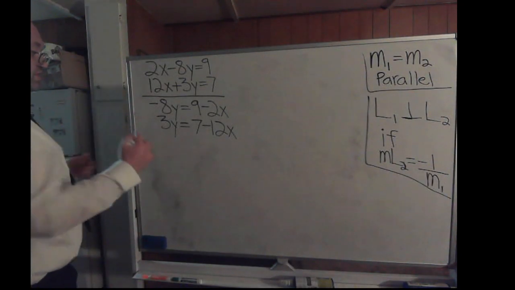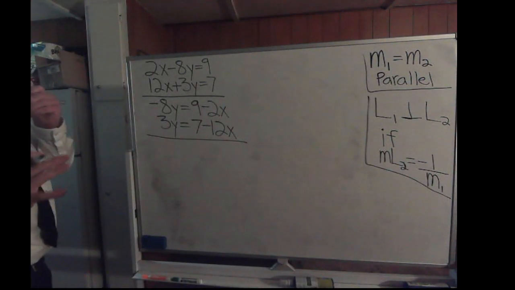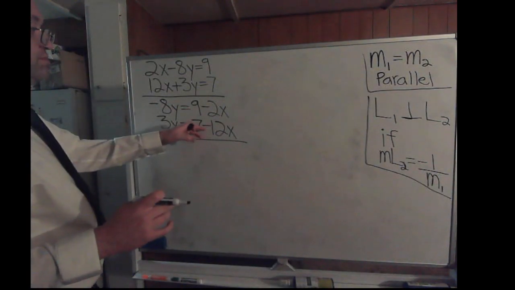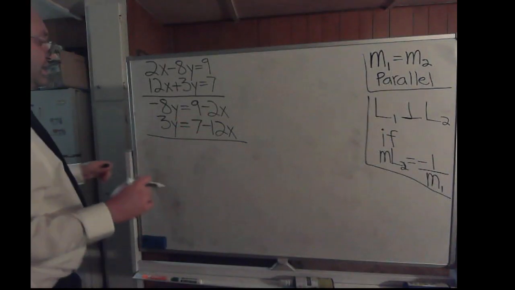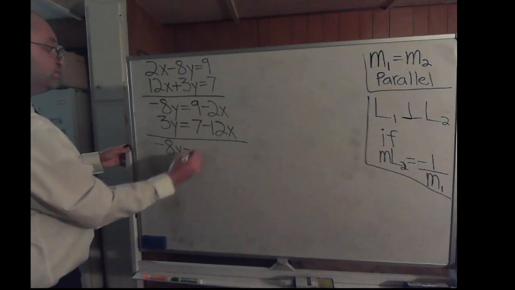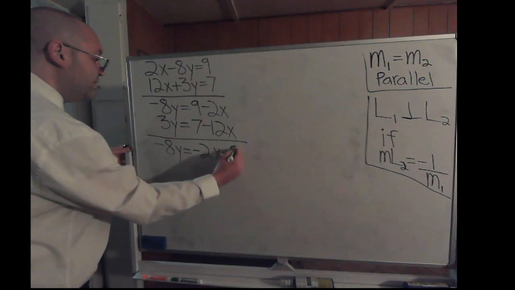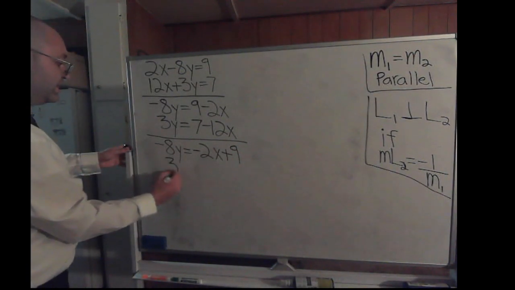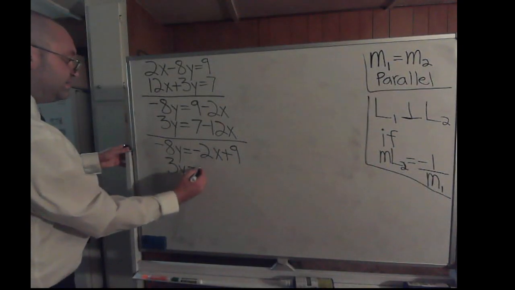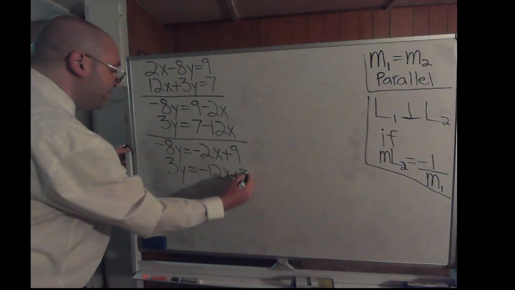Well, to start with, let's use the commutative property of addition in each of these two equations to make the x term first. So you would have negative 8y is equal to negative 2x plus 9, and then you would get 3y is equal to negative 12x plus 7.